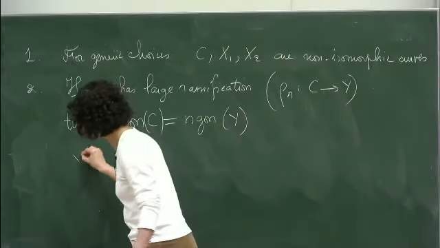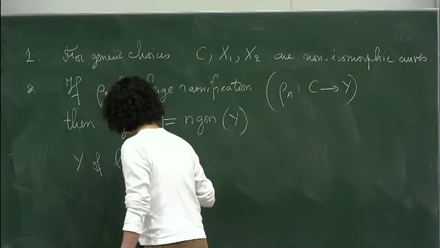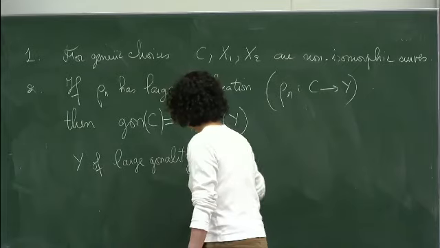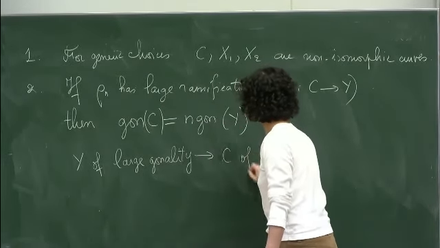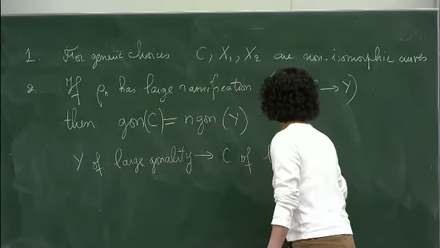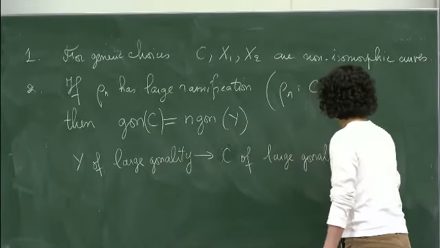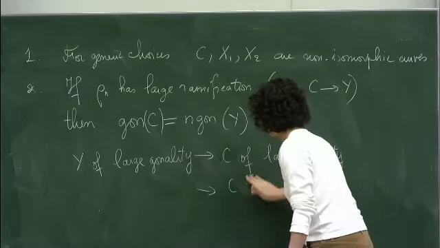So we'll give you Y, we'll give you C of large gonality, and that will give you C with large Clifford index.